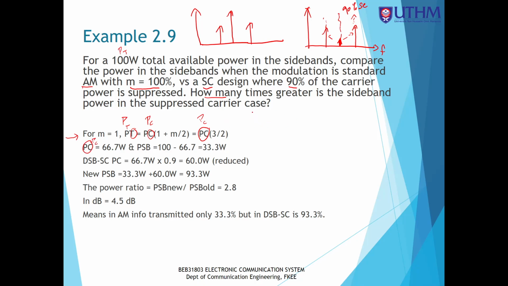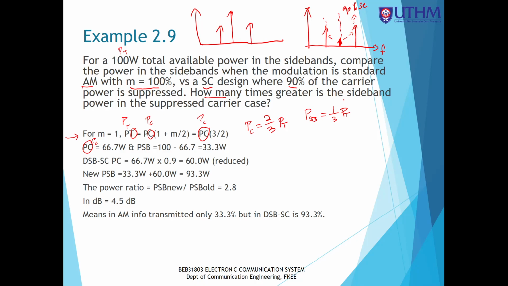During the ideal case, M equal to 1, PC is equal to 2/3 of the total power. That means the sideband power is the remaining, which is 1/3 of the P total.